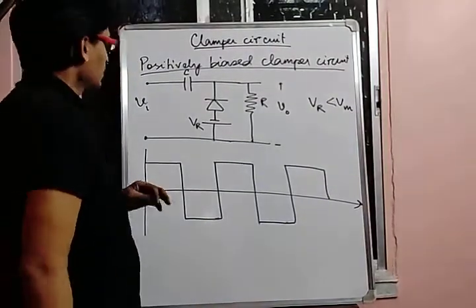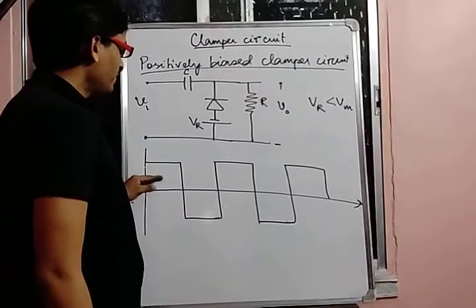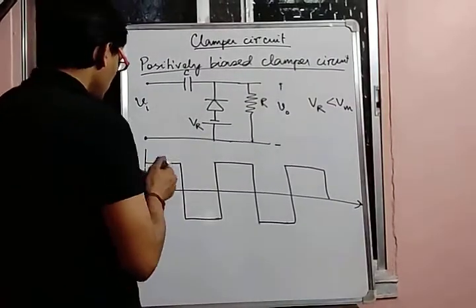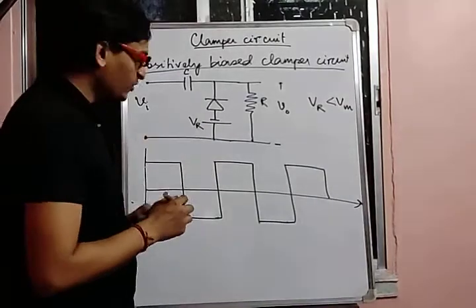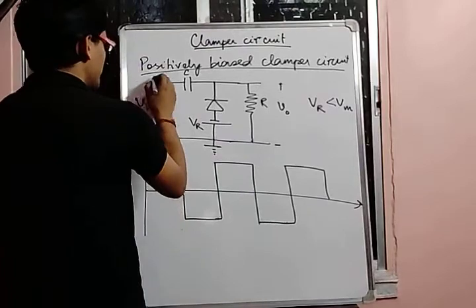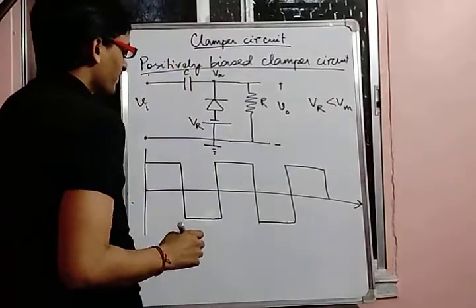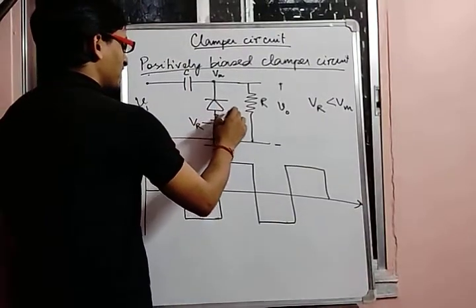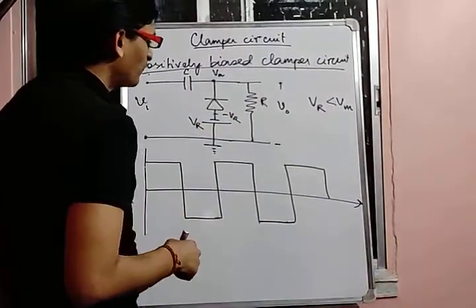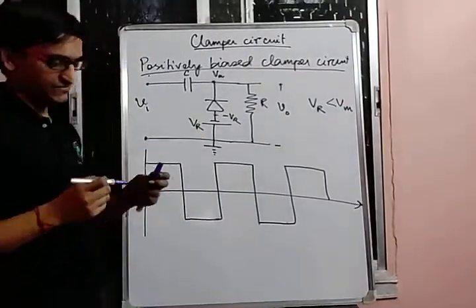So what will happen during the positive half of the cycle? During the positive half cycle, what will happen to this diode? Say suppose this is my reference. This voltage is VM, and this voltage is minus VR.